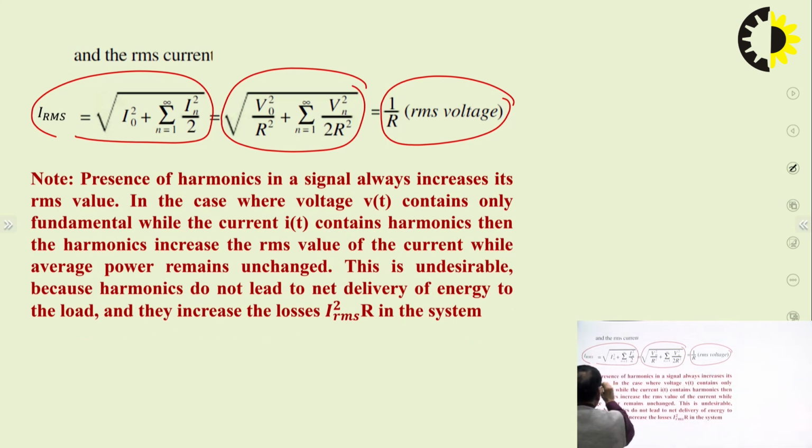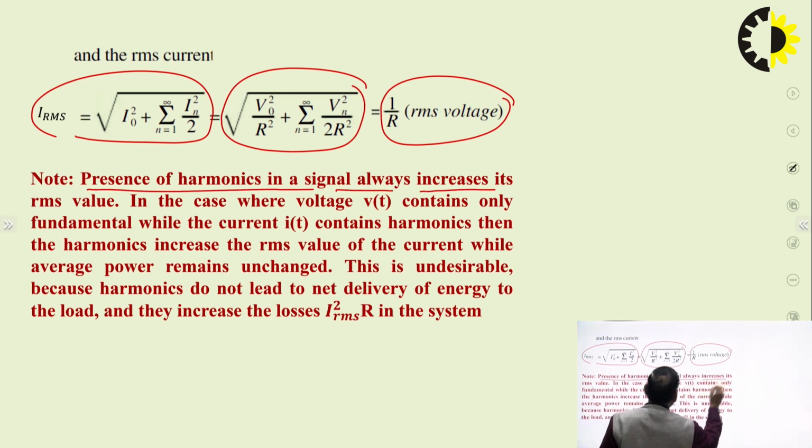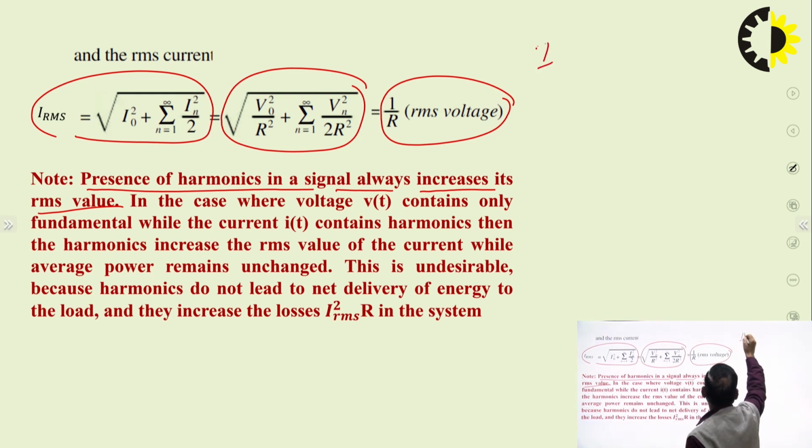The presence of harmonics in a signal always increases its RMS value. So we can see that IRMS increases, and due to the increase of IRMS, I square R losses will increase.